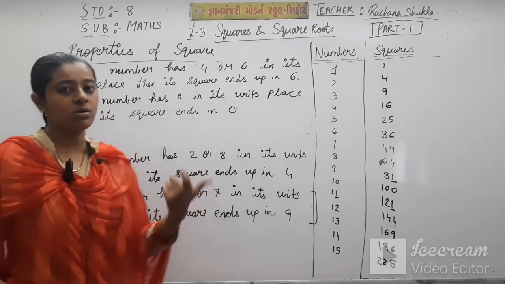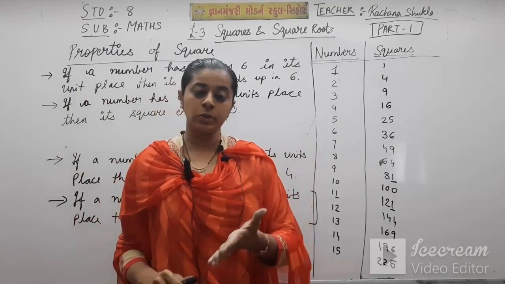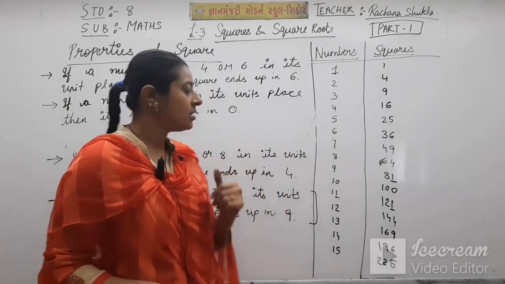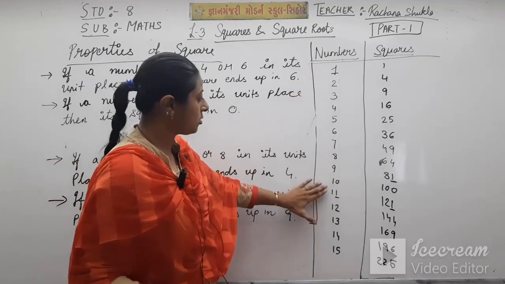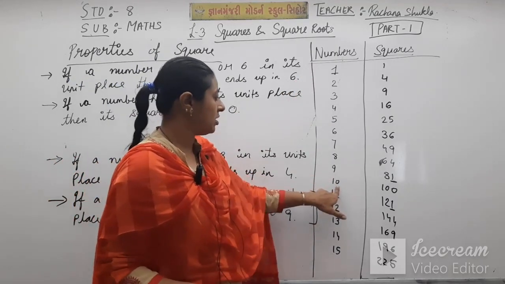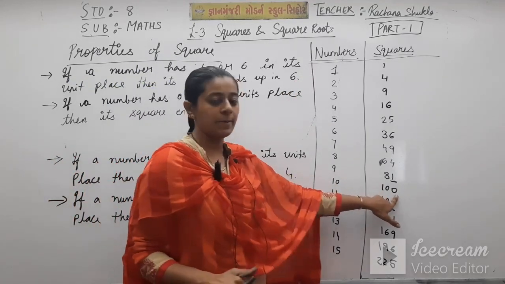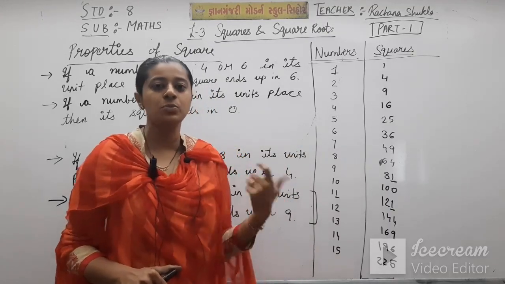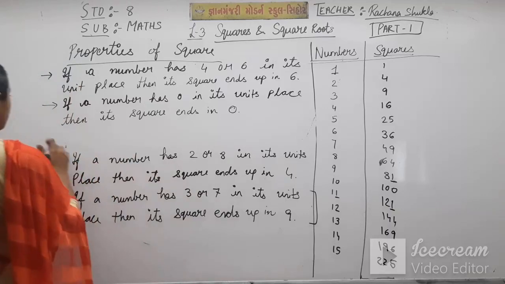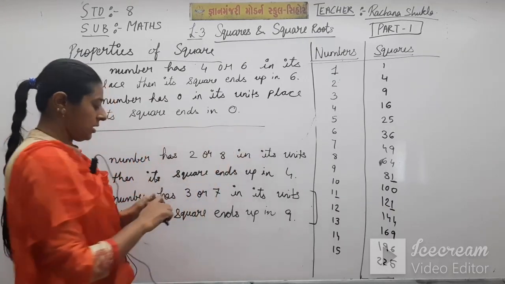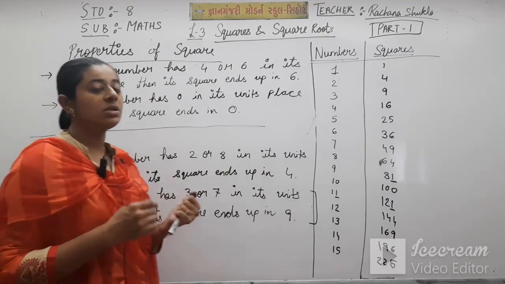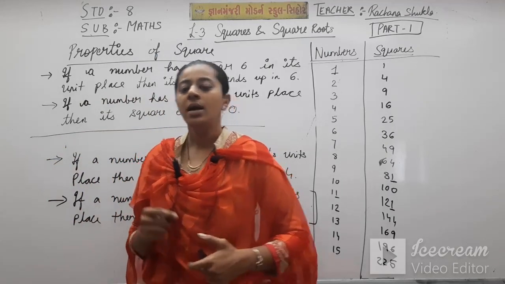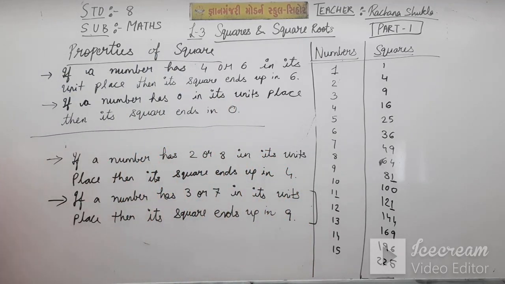If you have 0 as unit place, the square also has unit place 0. See, come here to 10, unit place 0, answer also unit place 0. 20, unit place 0, in the answer also the unit place will be 0. So with this we have completed property number 2. We have done today property number 1 and property number 2.